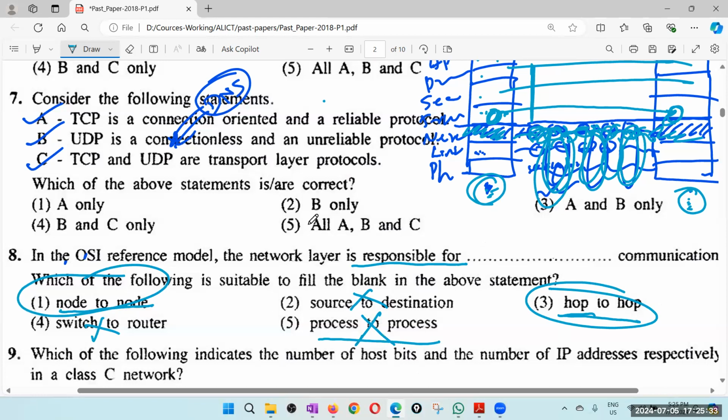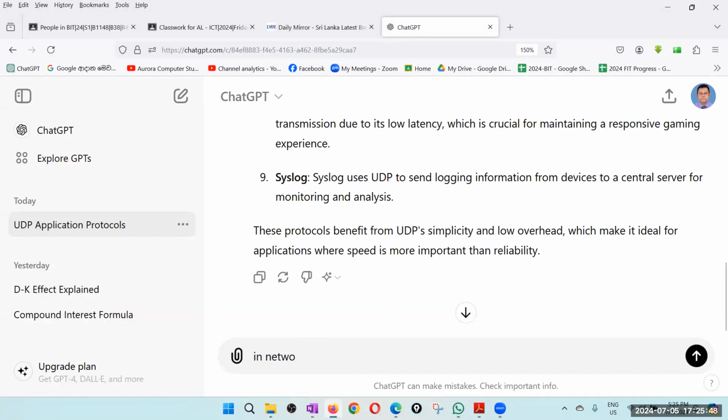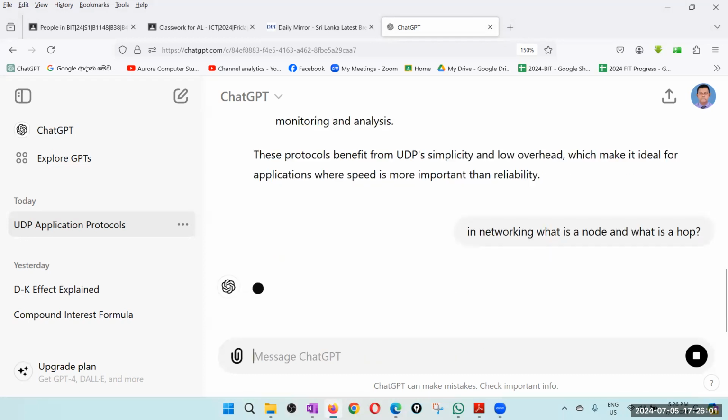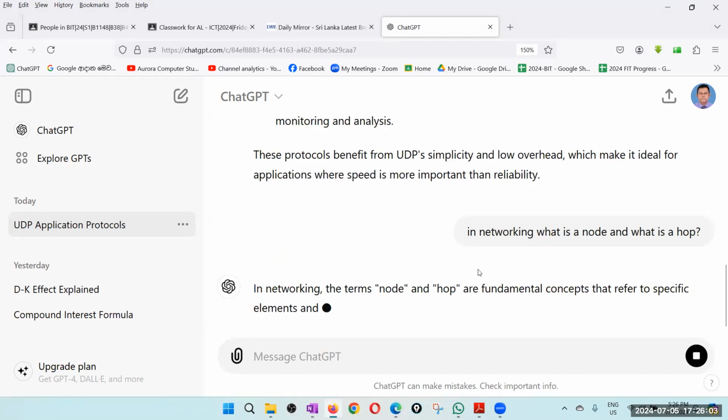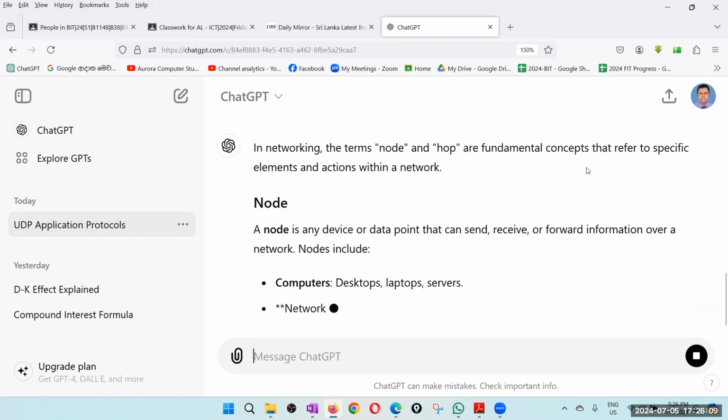Maybe there's a very precise definition. Anyway, let's ask ChatGPT: in networking, what is a node and what is a hop? Maybe ChatGPT can clarify. Of course, in the exams you don't have that facility. This hop is a little bit of a rarely used word. It says node and hop are fundamental concepts.